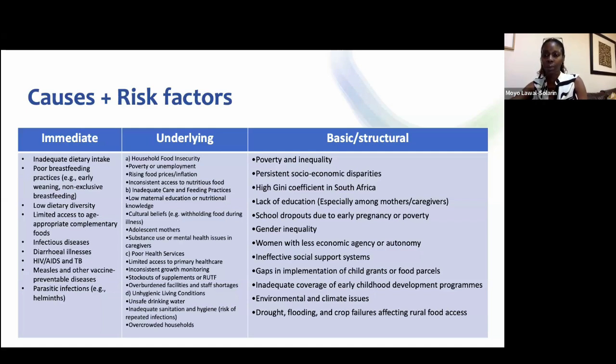So it's just important to be aware of them. It usually isn't just us involved. We usually need different sectors. It's a multidisciplinary team approach. We talk to social workers. We talk about grants, but it's important to be aware of all of the things that contribute towards malnutrition.